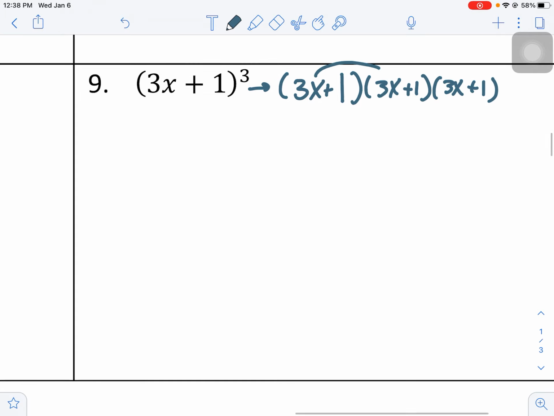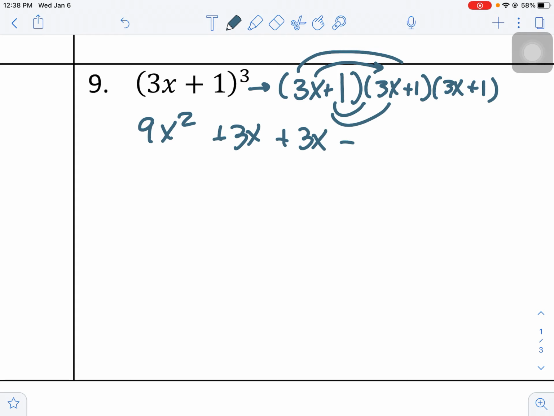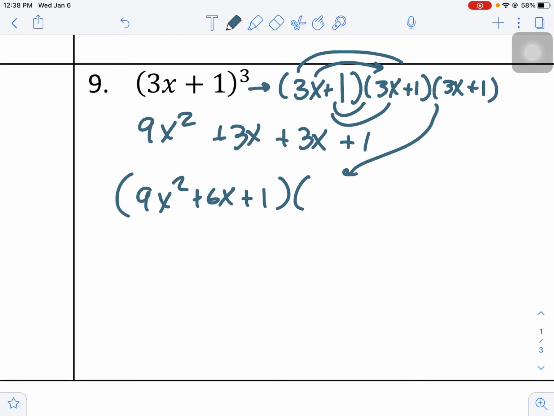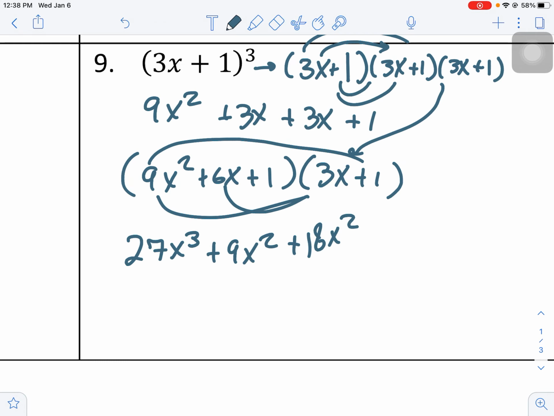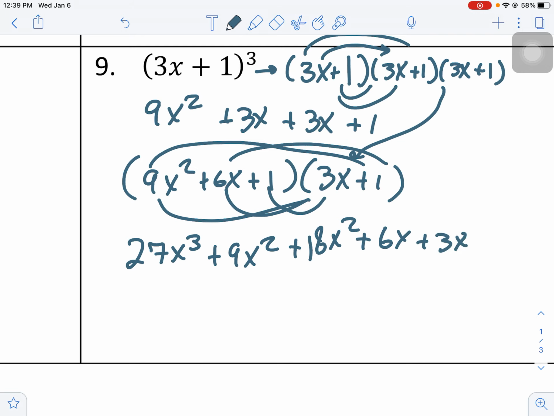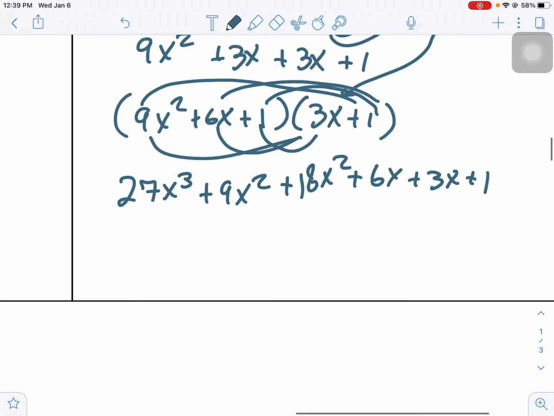So I'm going to FOIL in the front first. So that's 9x squared plus 3x plus 3x plus 1. So that's 9x squared plus 6x plus 1. And now I'm going to drop down this last 3x plus 1 and FOIL that into there. So that is 27x cubed plus 9x squared plus 18x squared plus 6x plus 3x plus 1.